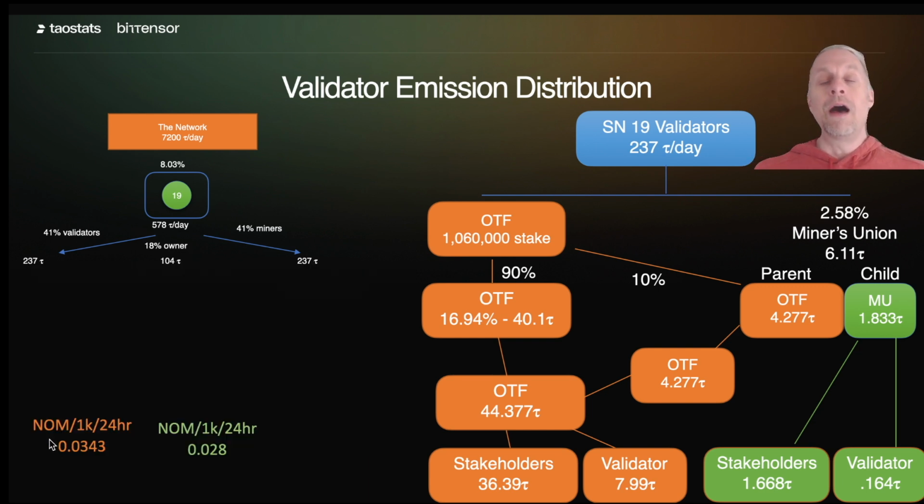If we look at the nom per 1K 24 hours, it does appear that when I collected this data, perhaps the OTF validator was doing a little bit better than the miners union, because we see it's 0.034 versus 0.028.